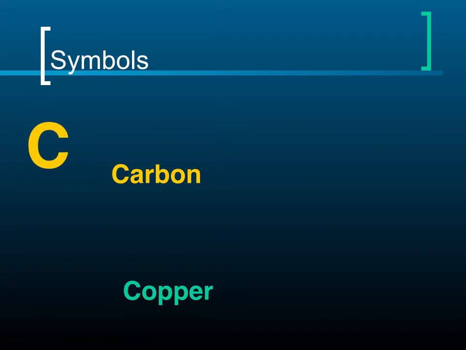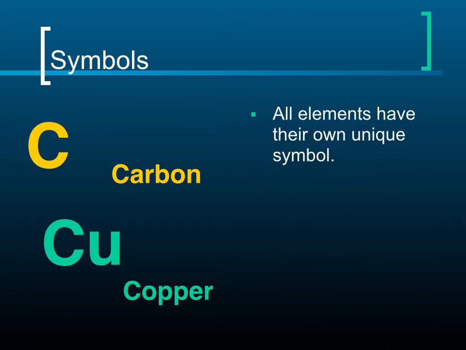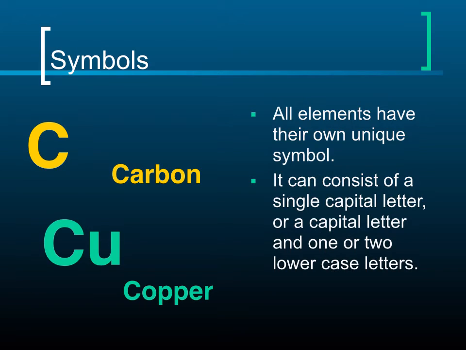The symbols you will see, every element has a unique symbol, and it is either 1 or 2 letters. A single capital letter or a capital letter with a lowercase letter. If you see 2 capitals next to each other, that's going to be 2 different elements combined.